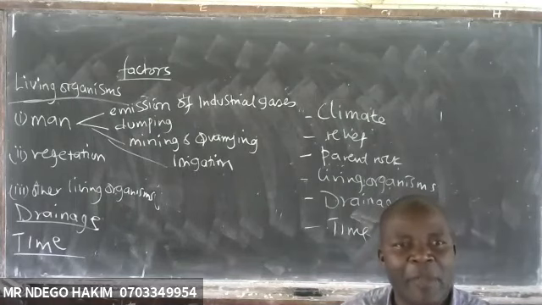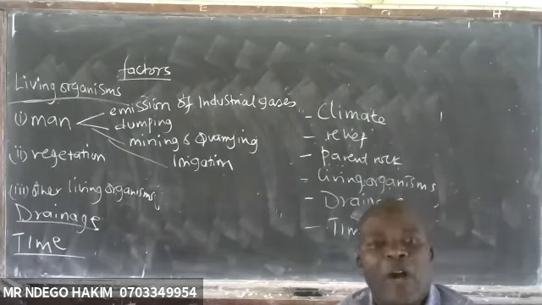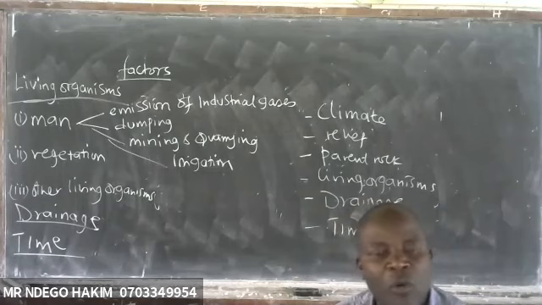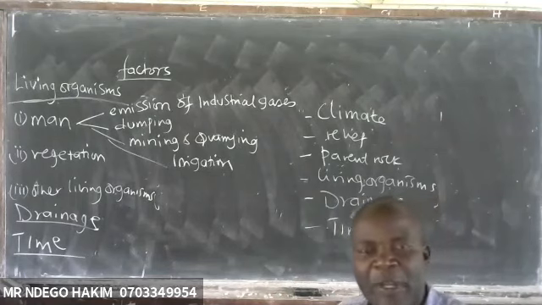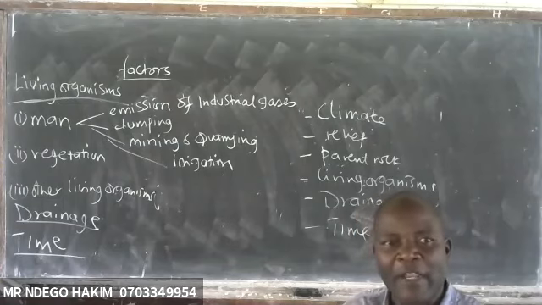Any other? Remember, students, when you are writing your answer, don't write them like a list under any time. Here I'm doing this for you to understand better, to point out the clear points. But for you, write your work in short paragraphs with explanation. Don't say climate, then underline it, or living organisms.